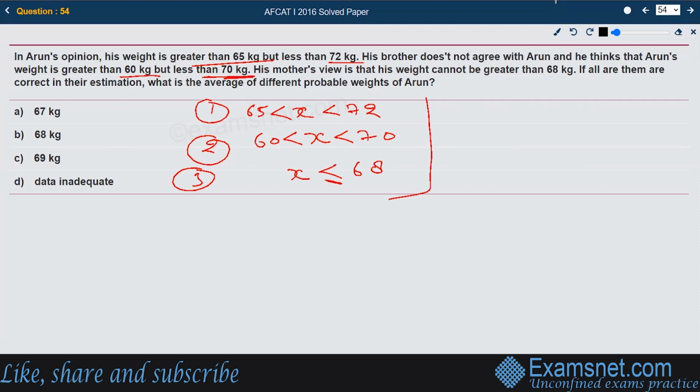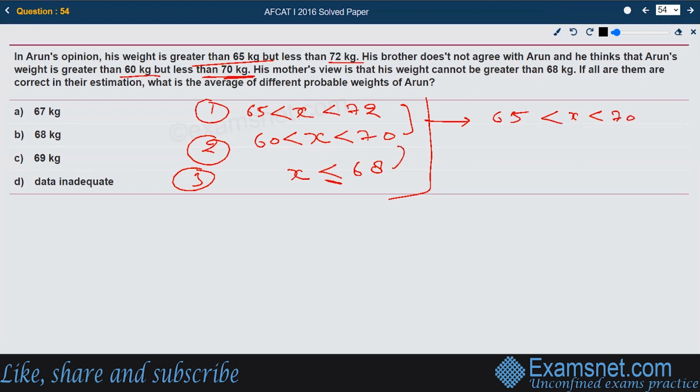Then he says if all of them are correct, what is the average of the different probable weights of Arun? So let us see which weights are common. 65 to 72, and 60 to 70. So obviously it has to be limited to 65 to 70.